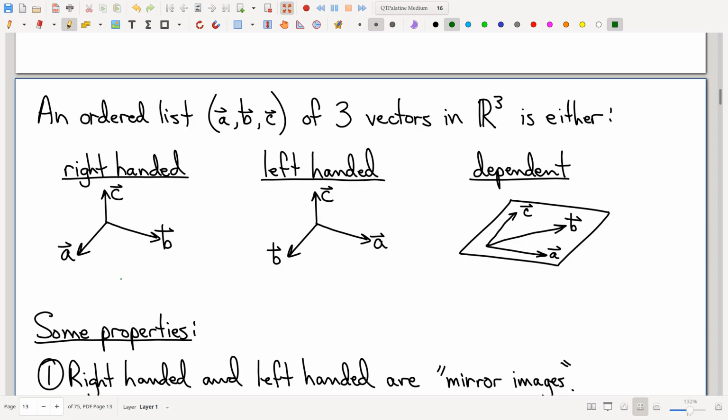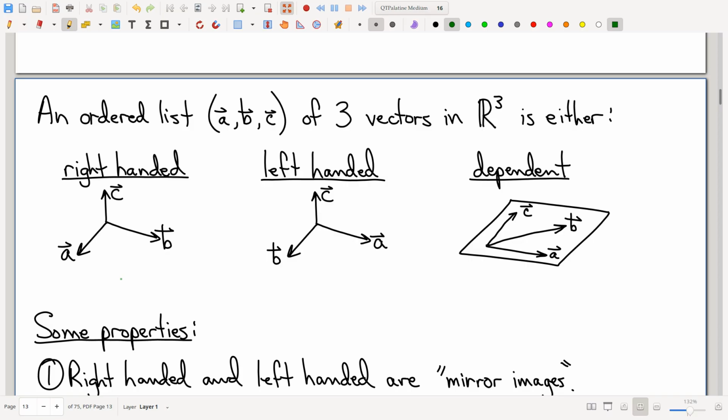Pointing the thumb the way thumbs want to point defines a well-defined side of the plane. And notice this third vector, C, is pointing on the same side of the plane. It's pointing up. So my thumb doesn't have to point in the same direction as C. It just has to point on the same side of the plane as C. And so this is a right-handed list.